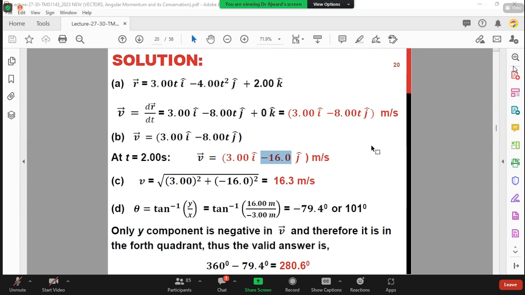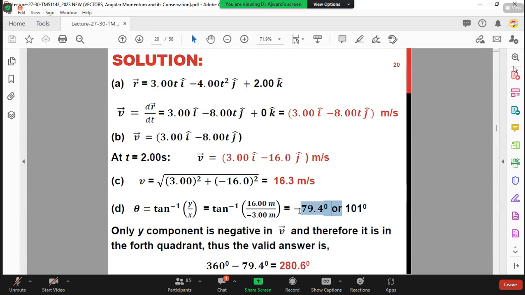So if you are in the fourth quadrant, the angle should be between 270 and 360, but in the calculator, most likely you will get a negative angle. That is also okay, you can leave it like that, but it cannot be the positive 101.